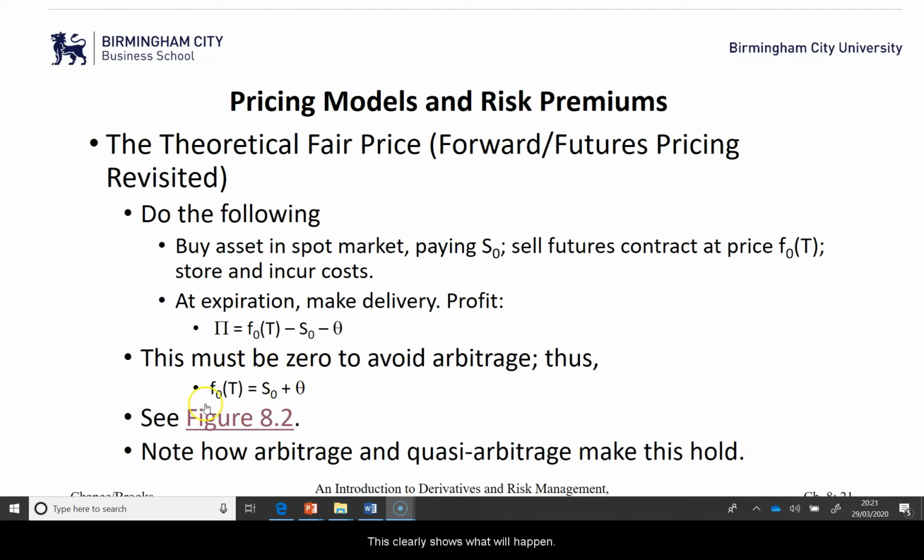This clearly shows what will happen if the future price is more than the sum of the spot price plus the cost of carry, or if the future price is less than the sum of the spot price plus the cost of carry. There will be opportunities for arbitrage in both cases.